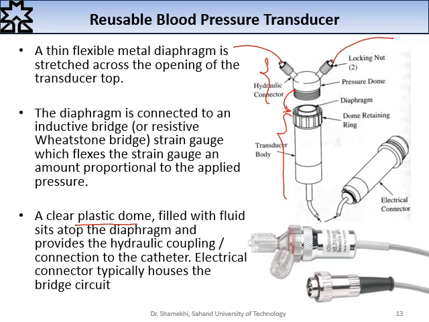Here, as you can see, this is the pressure dome connected to the reusable main parts of the sensor and provides the hydraulic coupling connected to the catheter, and the electrical connector typically houses the bridge circuit. This is a typical schematic and also real extravascular sensors.